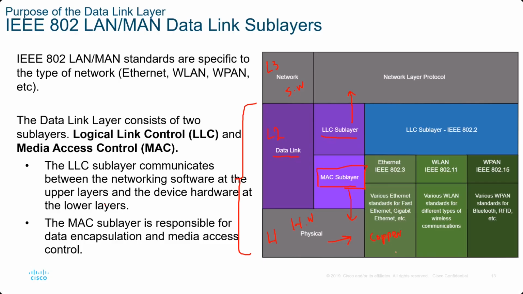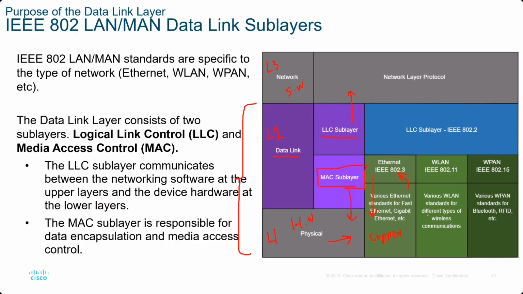So if we decided to use a copper cable with UTP or shielded twisted pair cable, which is one standard that the physical layer defined for us, and we think that's a cheaper version that works for my solution, and I buy them, then I also must have network interface cards where RJ45 could be plugged in on all computers, right? And once I do that, then on the data link layer, I would be using this Ethernet IEEE 802.3 standard for the software to encapsulate a frame which goes with this physical media.